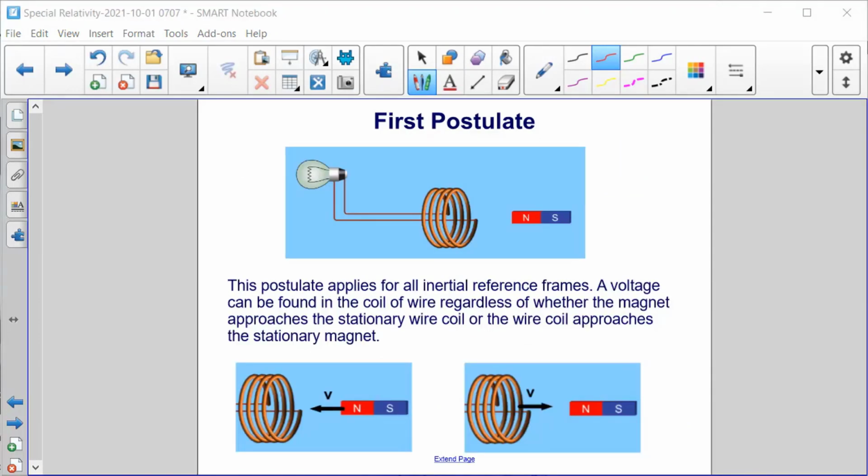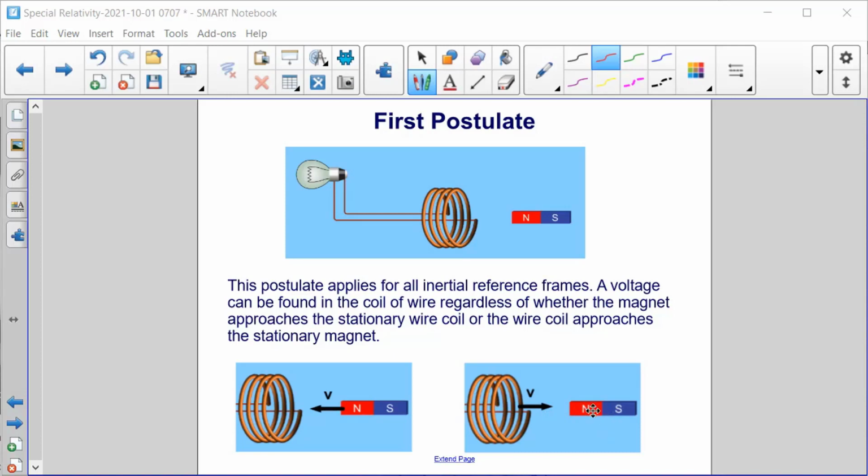This postulate tells us that the same laws of physics apply in all inertial reference frames. So in this example, if I move the magnet toward the stationary coil, I get a voltage in the coil of wire. This is an inertial reference frame, right? It's moving at a constant velocity, it's not accelerating. But I also get the voltage in the coil of wire if I move the wire toward the magnet.